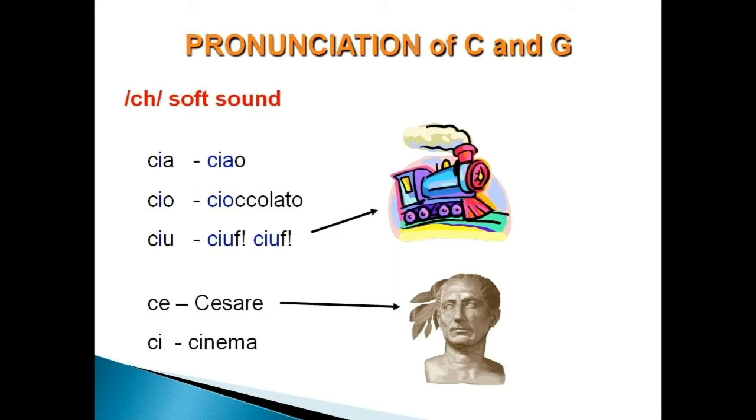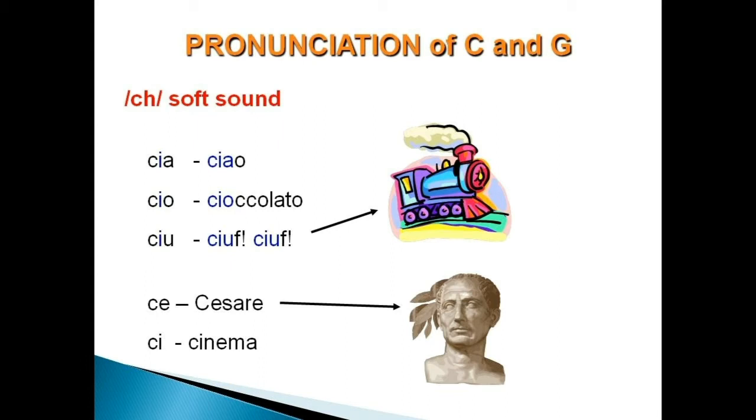So again, the I is silent. We don't read it. You probably heard or said the word ciao before without ever thinking why there is an I or if there is any spelling rule behind. But now you know. But just remember, it's not ci-a or cio or ciu. It's cha, cho, chu. So now let's repeat the last two words.